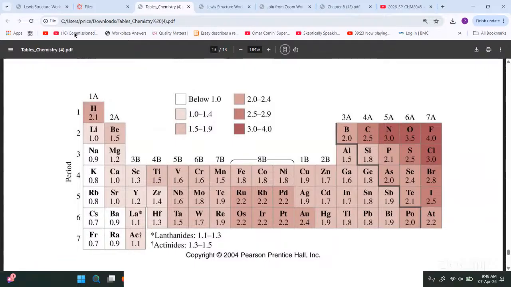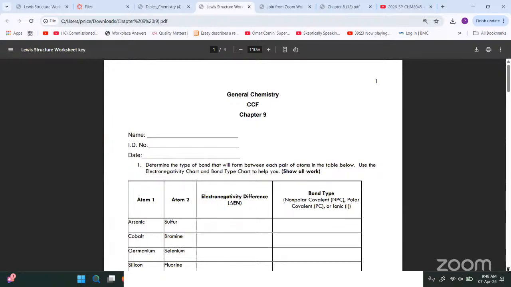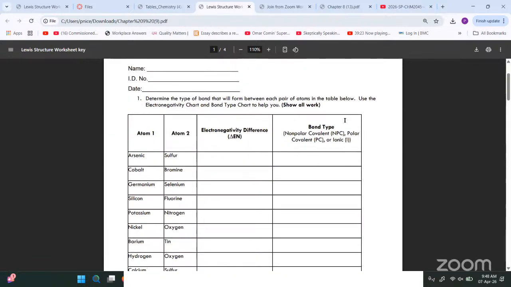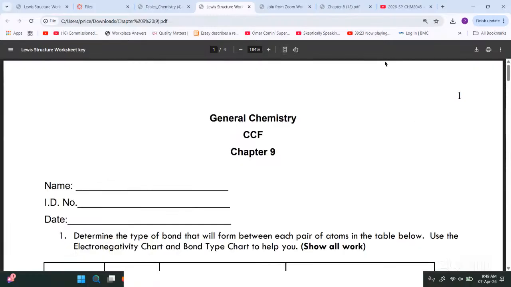All right. So this is the table that you're going to use to answer this question, which asks you to determine the type of bond that will form between each pair of atoms in the table below, using the electronegativity chart that I showed you. There's a criteria, and again, different textbooks have different criteria for determining the type of bonding between any two elements.